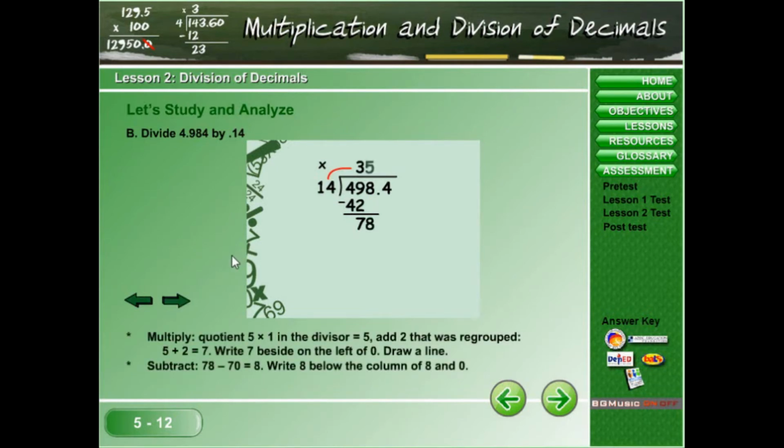Quotient 5 times 1 in the divisor equals 5. Add 2 that was regrouped. 5 plus 2 equals 7. Write 7 beside, on the left of, 8. Draw a line. Subtract. 78 minus 70 equals 8. Write 8 below the column of 8 and 0.